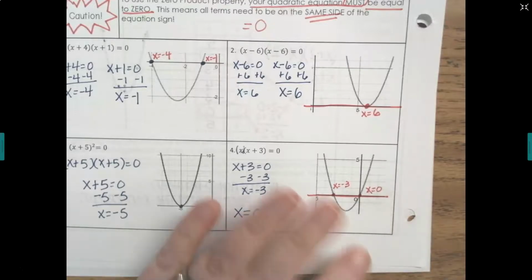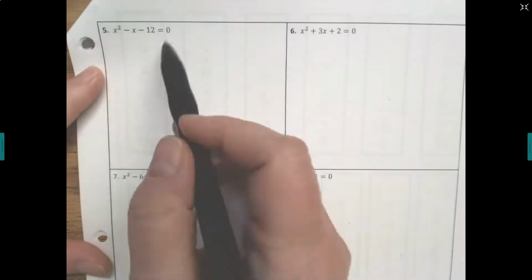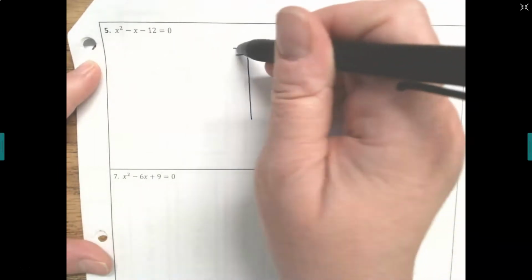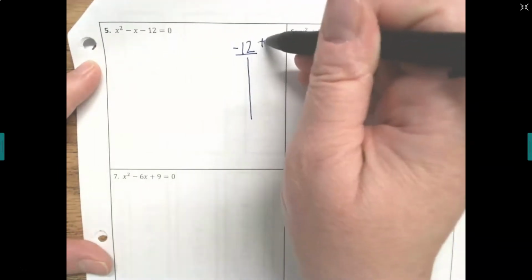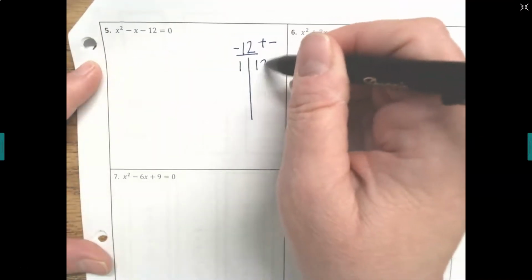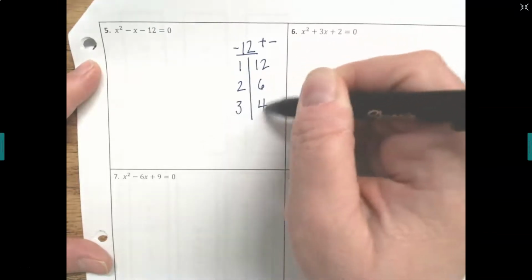Let's try a couple more. So now we have ones without graphs. Okay, so what you want to do is just factor them, and then once you have them factored, we're going to solve them. So let's take a look. We have a -12. That means our signs of our factors are opposite. So we have 1 and 12, 2 and 6, 3 and 4.